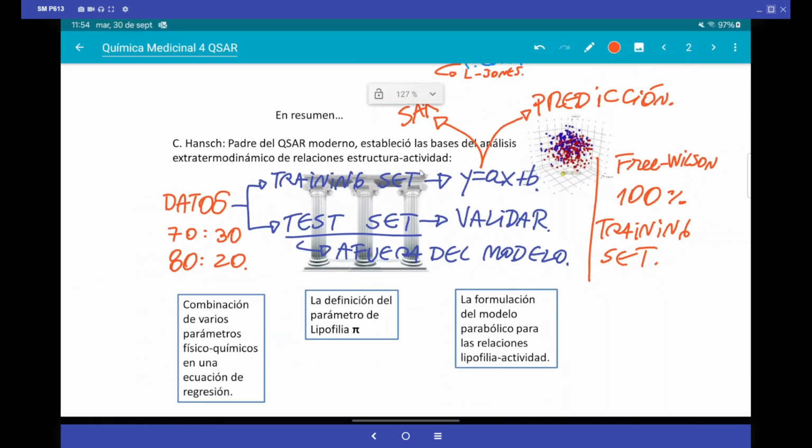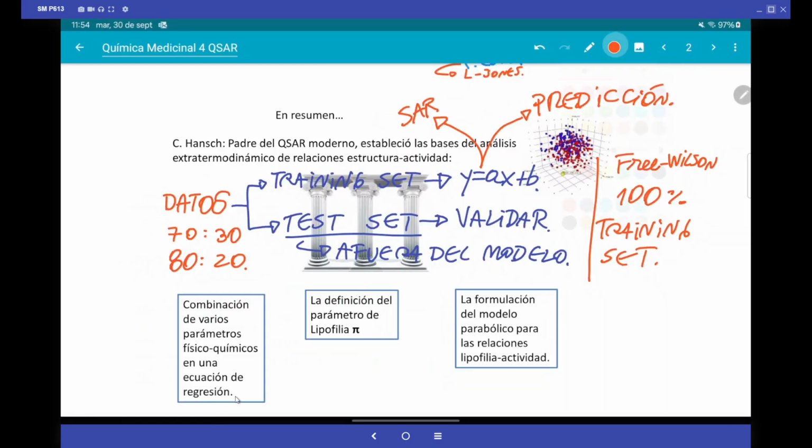Well, then it says what the contributions are here. It says Hansch's contributions to his whole philosophy of the study of QSAR: the combination of several physical-chemical parameters in one regression equation.